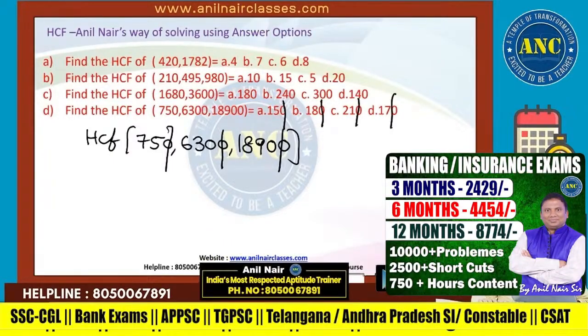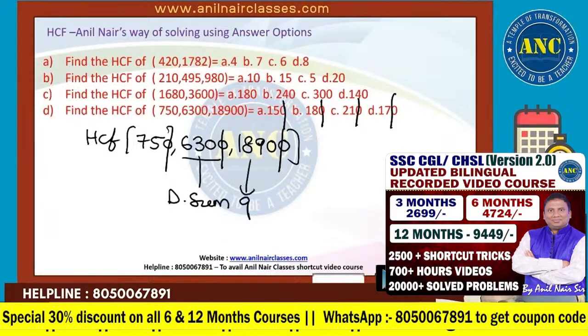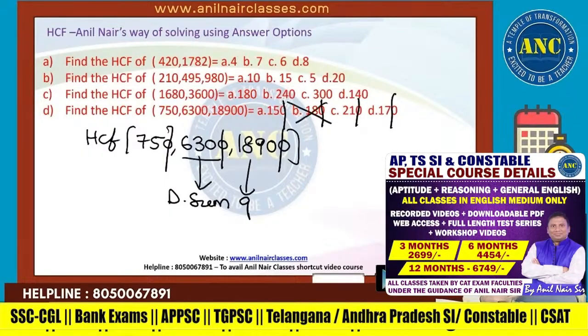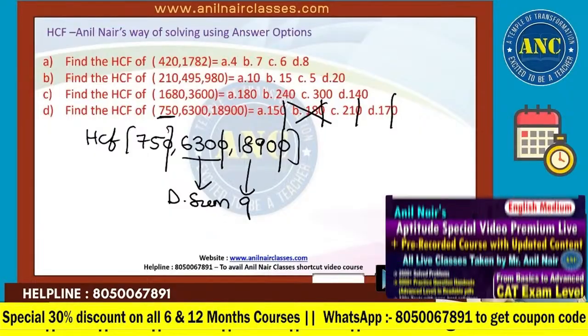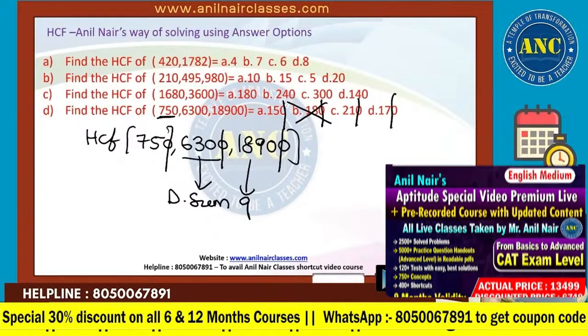Just by looking at the question I can say 630 digital sum is 9. Here also the digital sum is 9. Option B, 180, digital sum is 9. 750 digital sum is not 9. Out. 180 is eliminated.